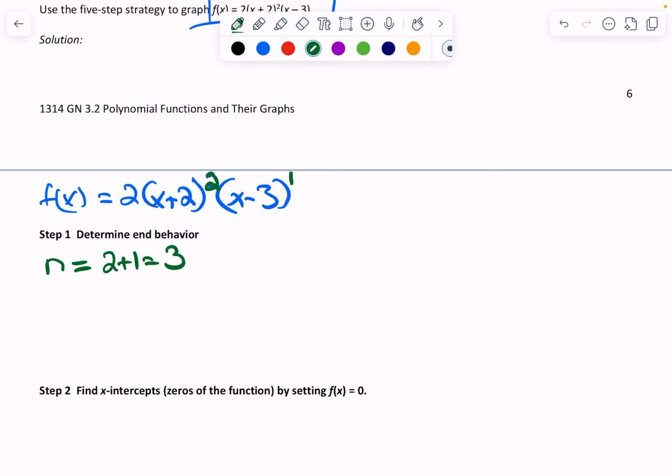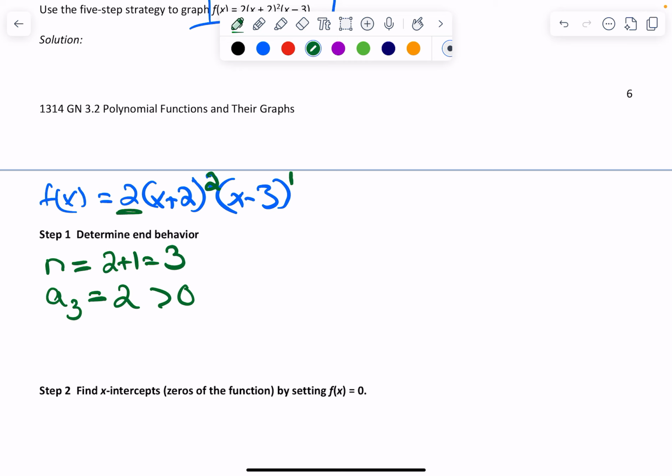Make sure that if the function is in this form, you're adding all the variable degrees, the ones with the x, together. Our leading coefficient, since it is the third degree, is a sub 3. That is going to be 2, which is right here in the front. That is greater than 0.